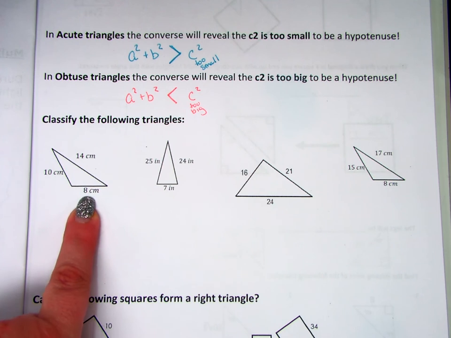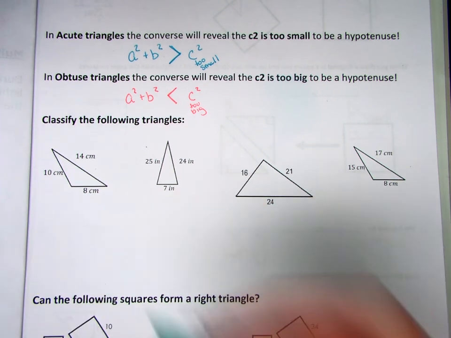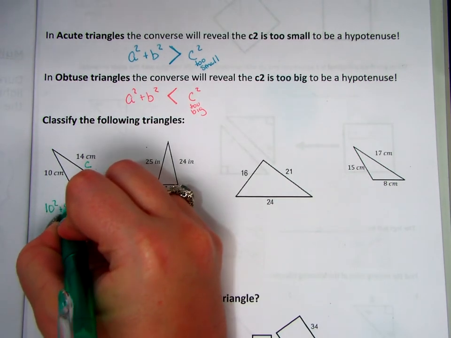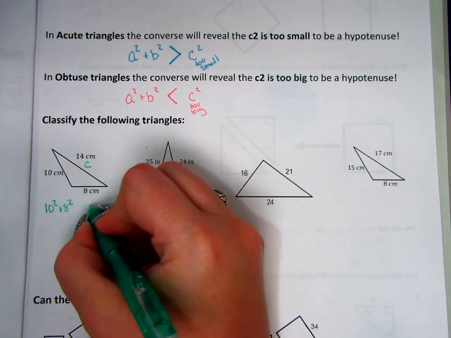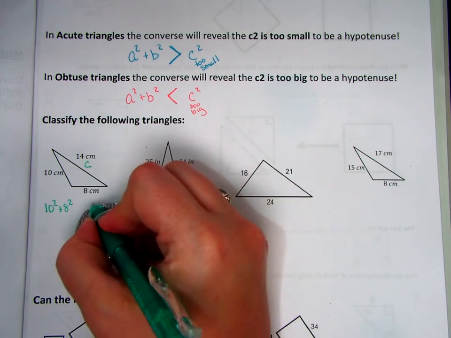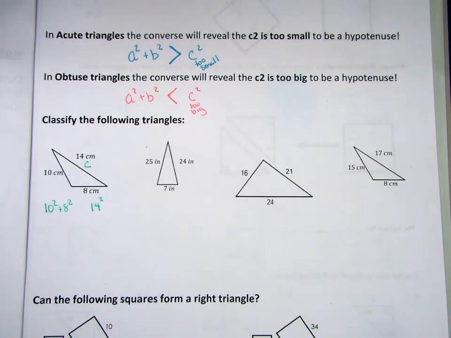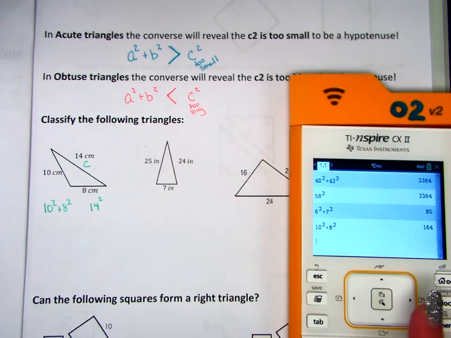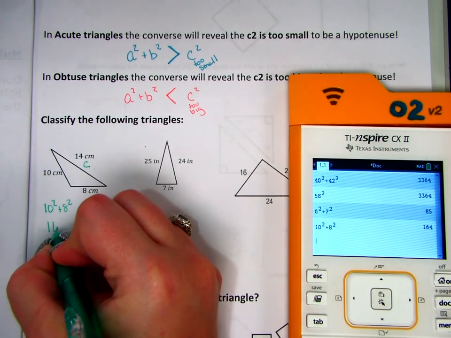When I look at this first triangle, 10, 14, and 8, if this is a right triangle, which one would be my c value? 14. So I'm going to take 10 squared plus 8 squared, and I'm not going to put an equals there, because I'm going to wait in case I need to put an inequality there. And then my 14 squared. So 10 squared plus 8 squared, 164.